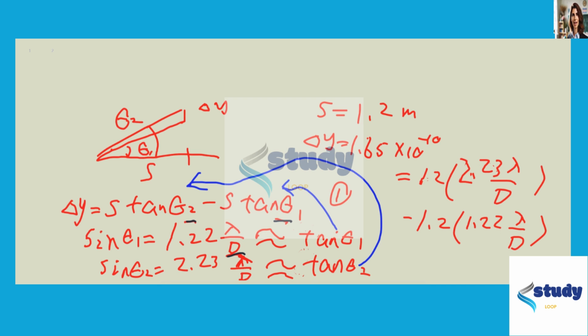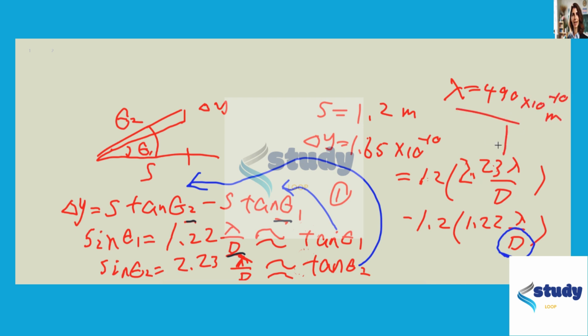The only thing we don't know in this equation is the diameter d, because we already learned that lambda equals 490 times 10 to the minus 9 meters.